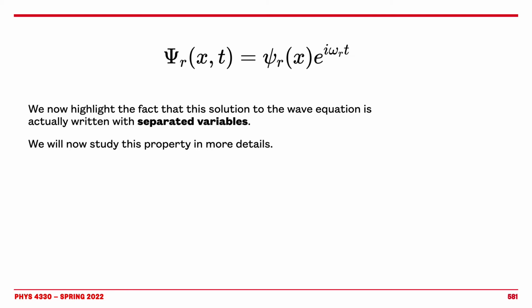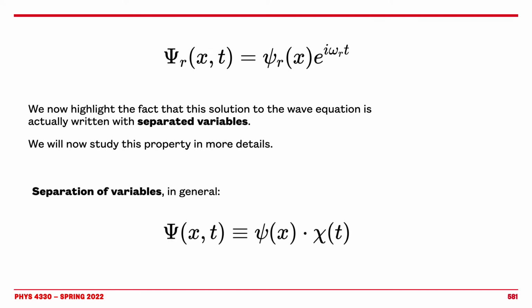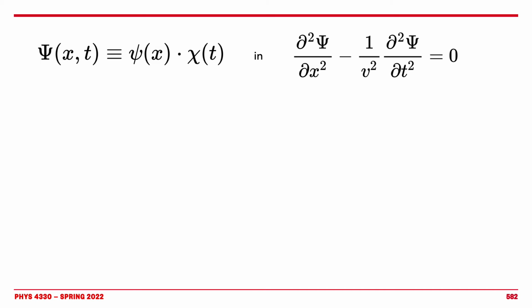So in this screencast, we are going to focus on that in a little bit more detail. In all generality, if we separate the variables x and t, we can write the wave function as the product of a function of position and a function of time, which we wrote chi of t. Now, if we go back to the wave equation, we can substitute this type of solution into the equation, and we obtain an equation that is going to look like this.